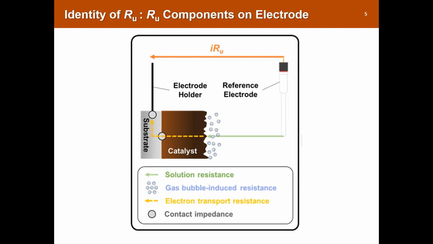You can just do it close to the open circuit potential. Of course, if you have a non-conductive hydroxide or oxide, you need to make sure the material is conductive. But you can do it at a low potential where you don't have a bubble issue, so you can carefully get the RU value. But when you do impedance at a potential where you have a lot of bubbles, you will see the contribution from bubbles. So he's right, it depends on the application and your purpose. Current interrupt mode will pop up in a later slide.